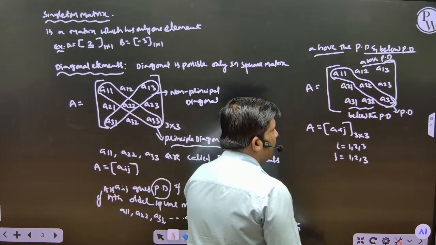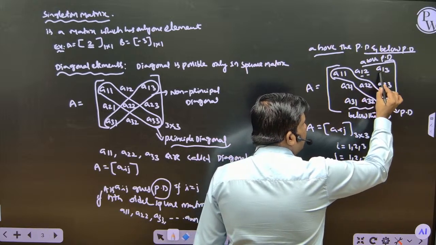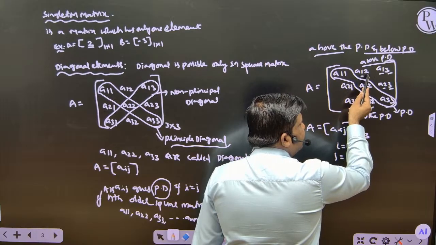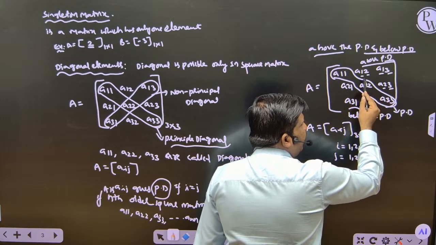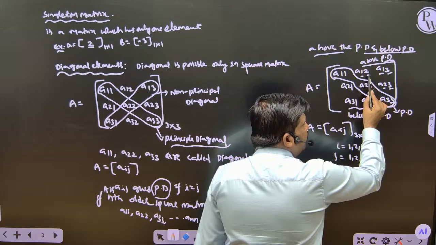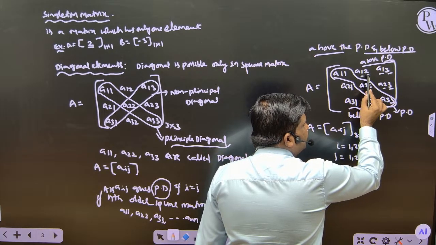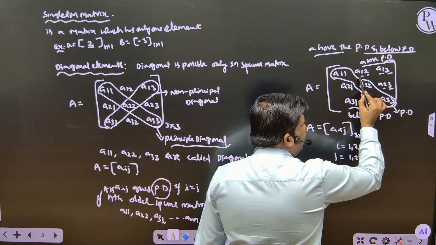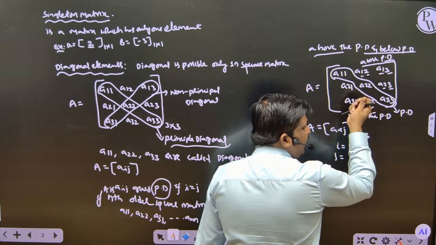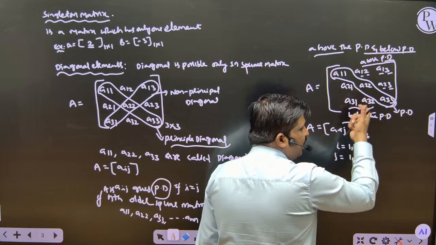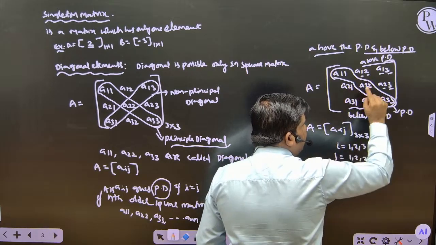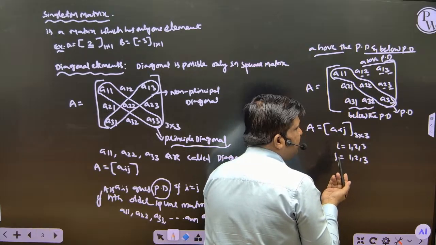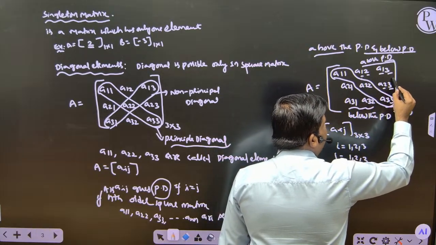For elements above the principal diagonal, clearly you observe that i is less than j. 1 is the row, 2 is the column, so 1 is i, 2 is j. i is related to the row, j to the column. That's why in A12, A13, A23, i is less than j.